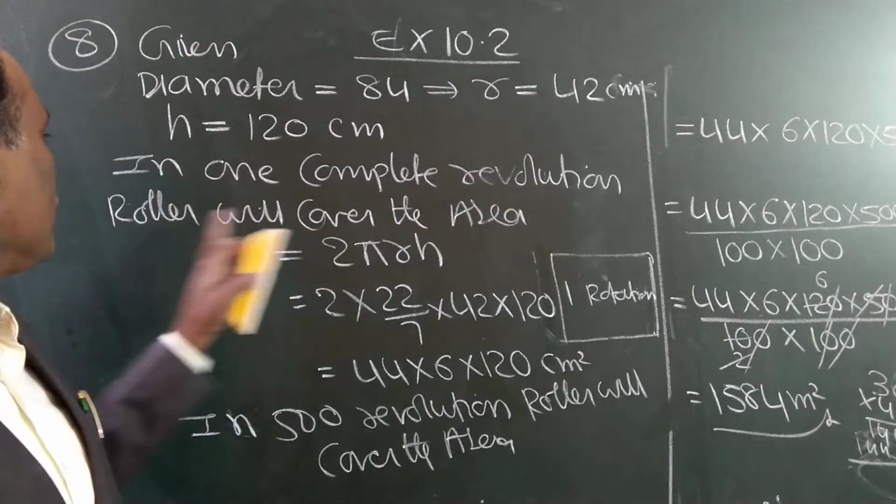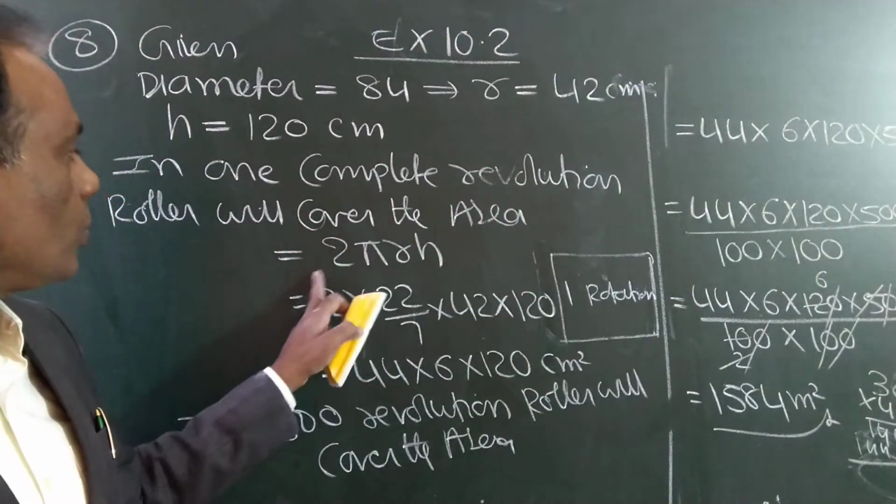In one complete revolution, the roller will cover the area 2 pi RH.